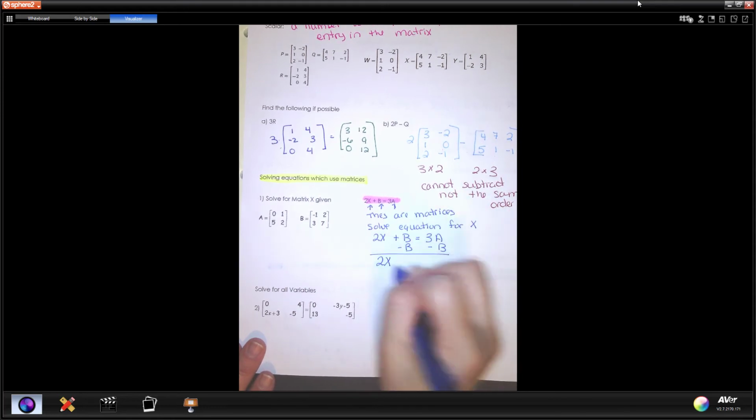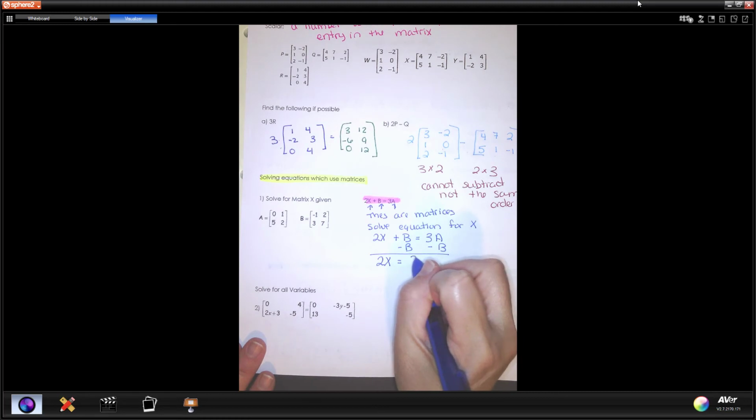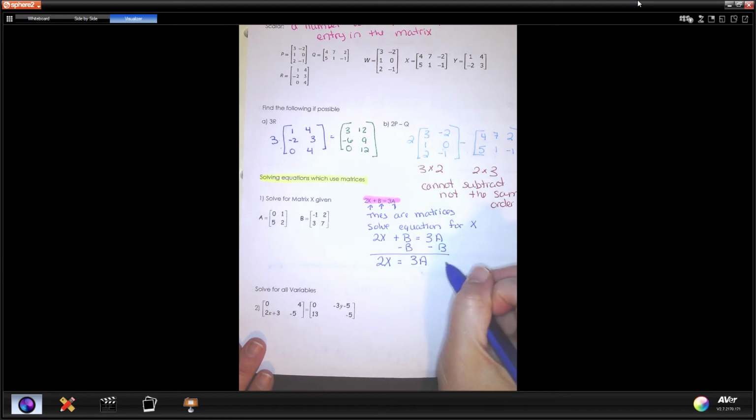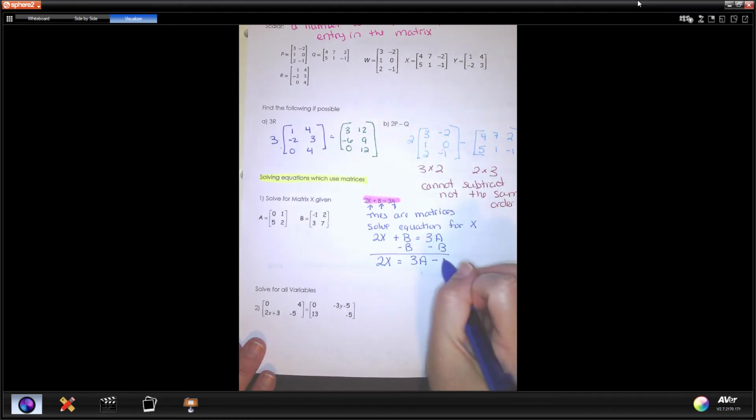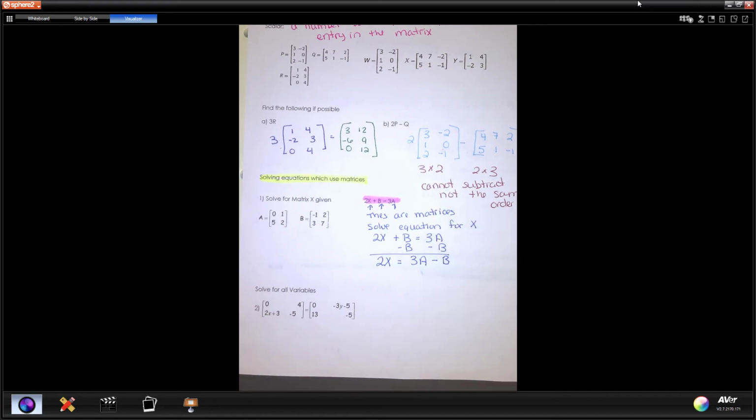So 2X equals 3 times matrix A minus matrix B. At this point, to solve for X, our gut instinct is to divide everything by 2, which is typically, normally 100% correct.